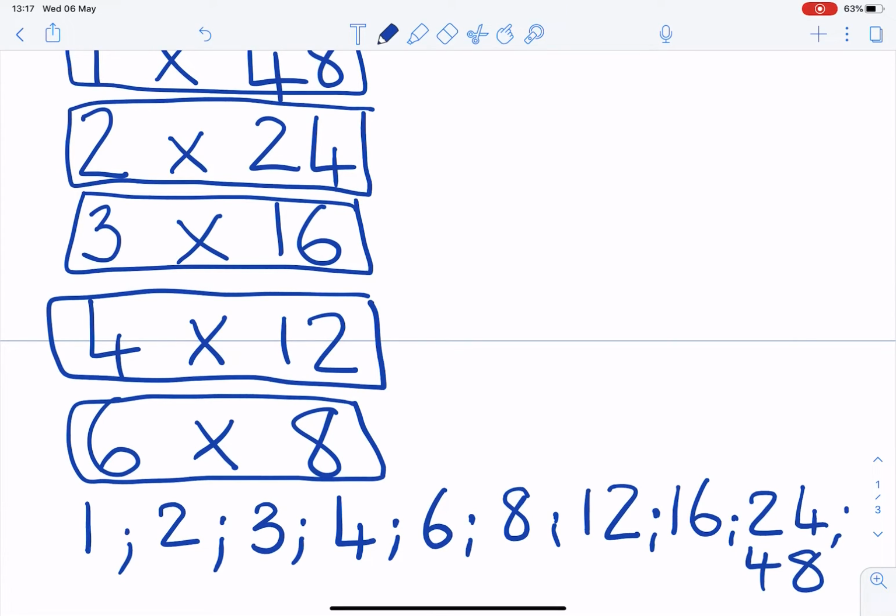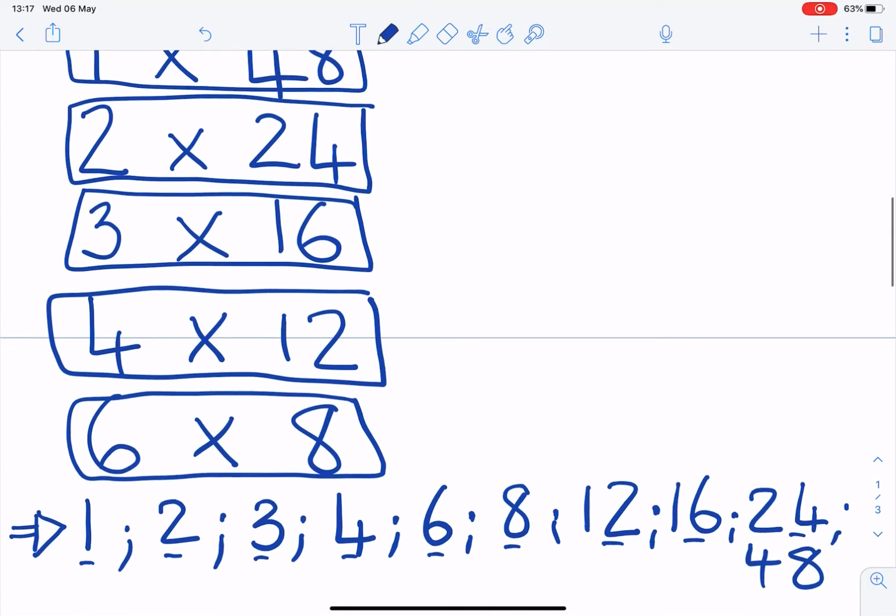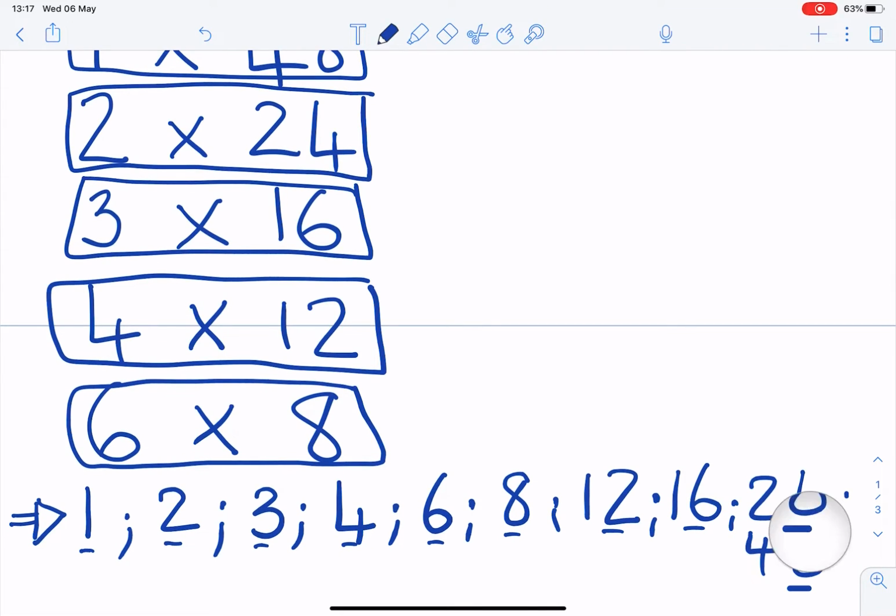Then you use your factor pairs to write a list of the factors. So we know that 1 and 2 and 3 and 4 and 6 and 8 and 12 and 16 and 24 and 48 all fit into 48 perfectly with no remainders.